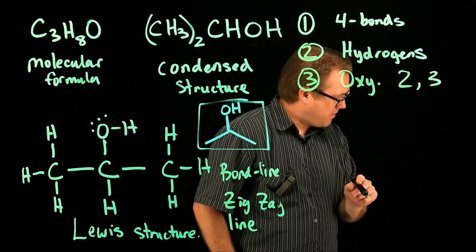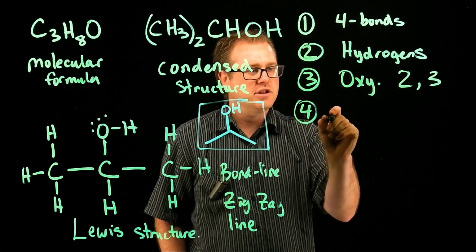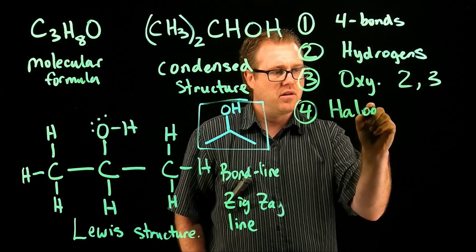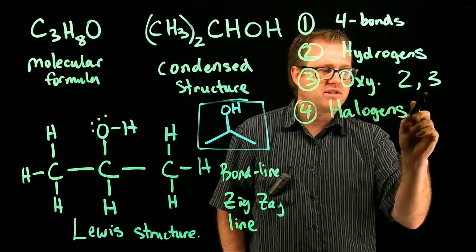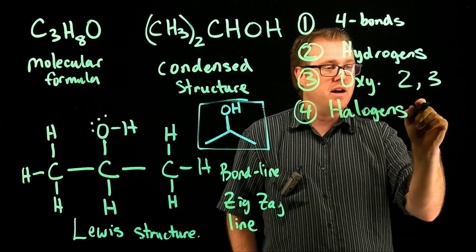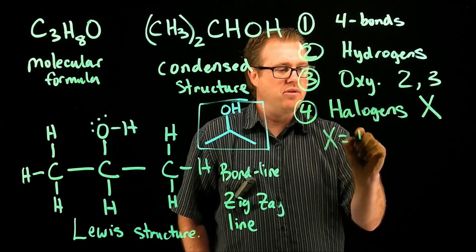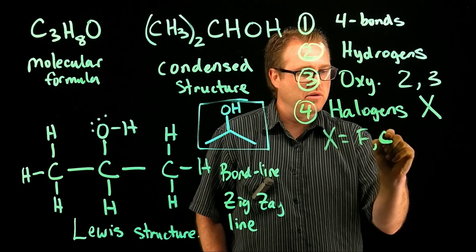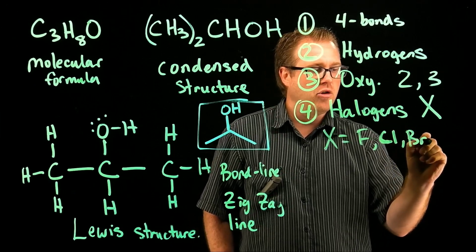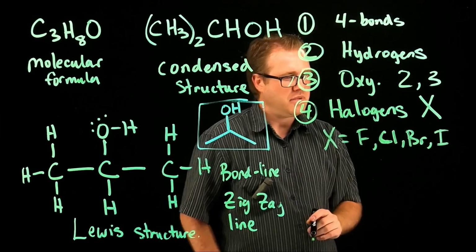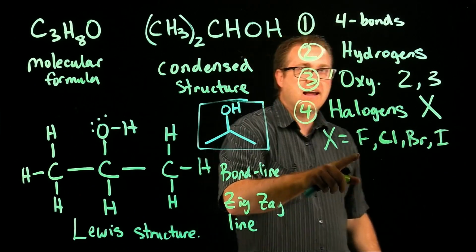Another very important rule is your halogens. Halogens are more often than not represented by just a capital X. X would equal fluorine, chlorine, bromine, and iodine. Those are the halogens.